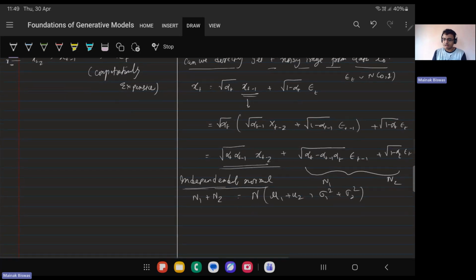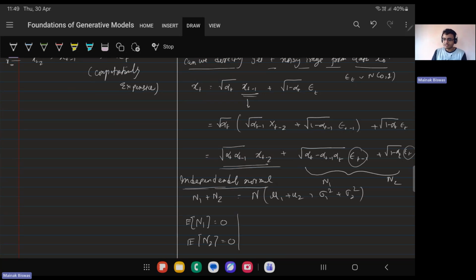So the sum of means here, you can clearly see the expected value of normal 1 is equal to 0, the expected value of normal 2 is equal to 0, because both epsilon_t and epsilon_{t-1} are normal 0, 1 distributed.